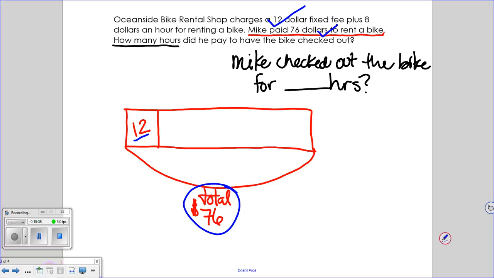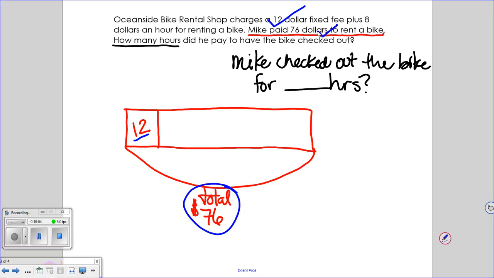We've done it. Now we just need $12 more, as many times as we think we need to make it 76. Was it going to be 12? 8. So they only charged $12 one time.